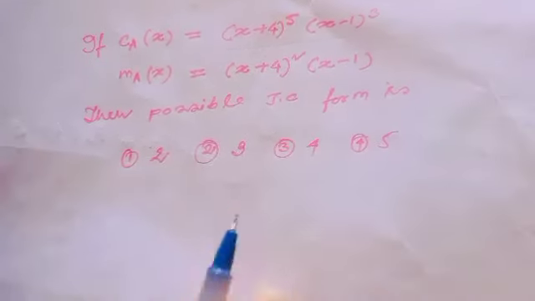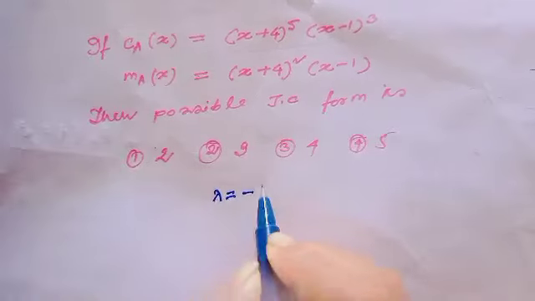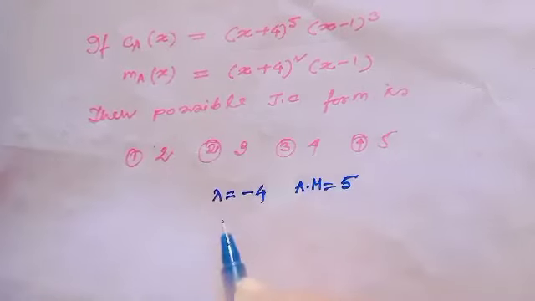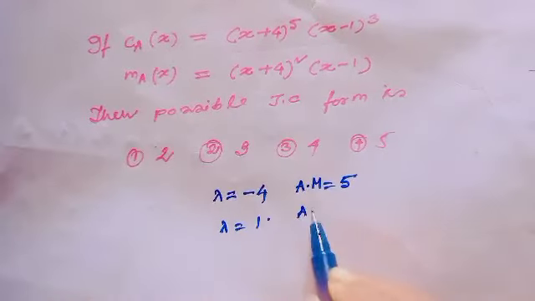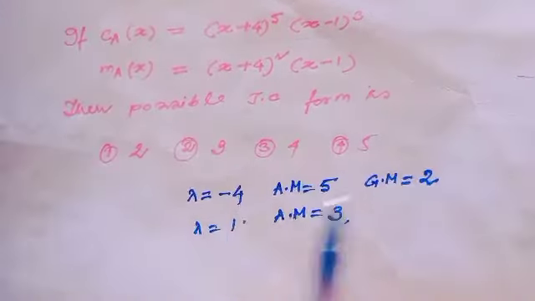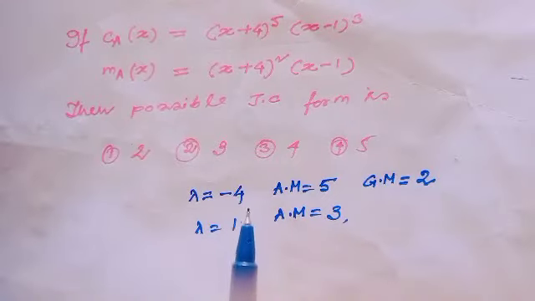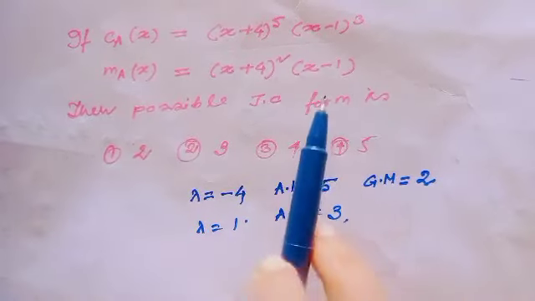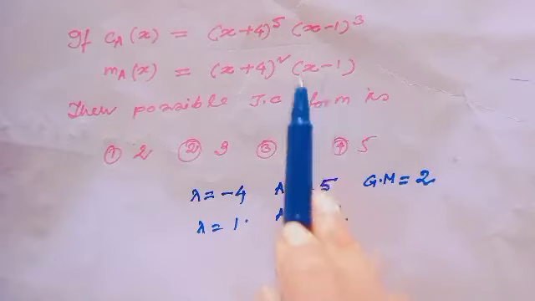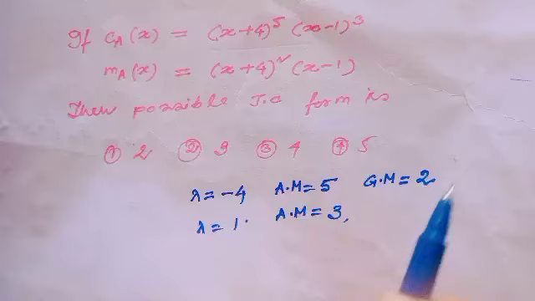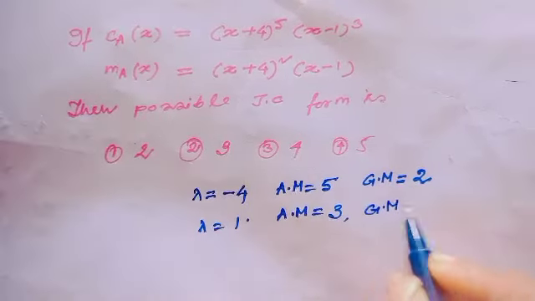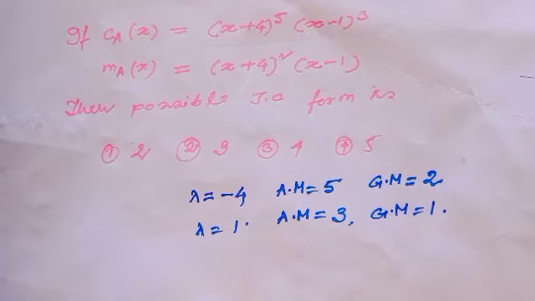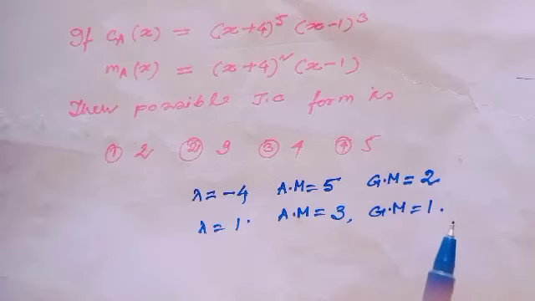That means for the eigenvalue lambda equal to minus 4, the algebraic multiplicity is 5, and for lambda equal to 1, the algebraic multiplicity is 3. For lambda equal to minus 4, the largest possible Jordan block would be of size 2. For lambda equal to 1, since the minimal polynomial has factor x minus 1, the largest Jordan block is only of size 1.